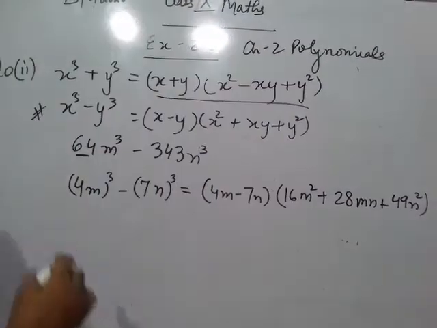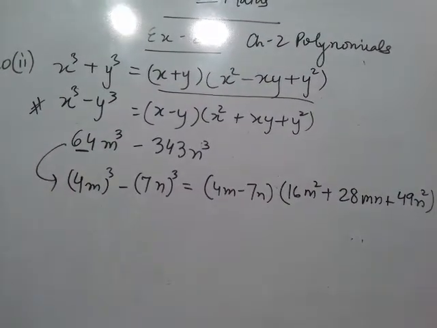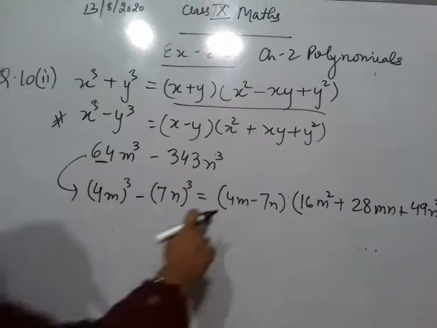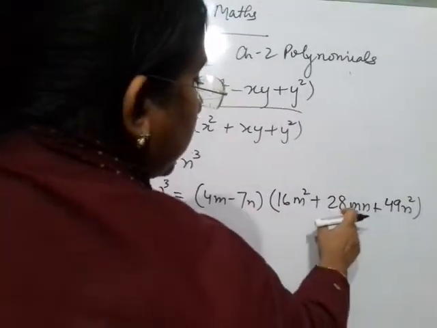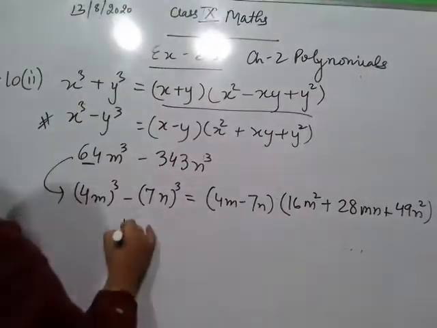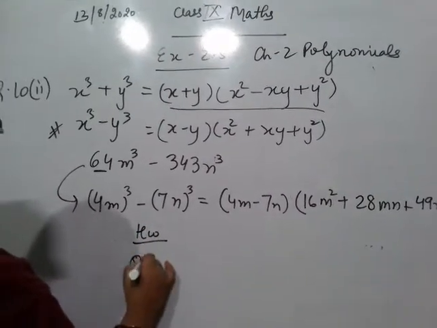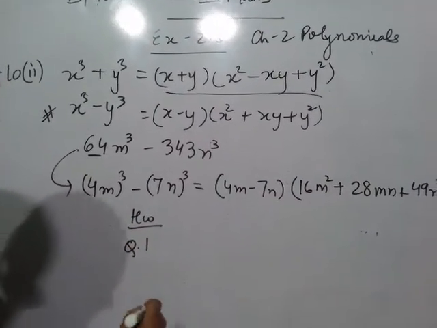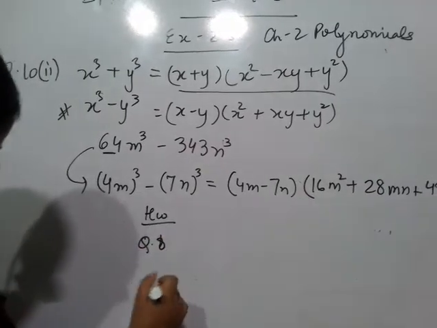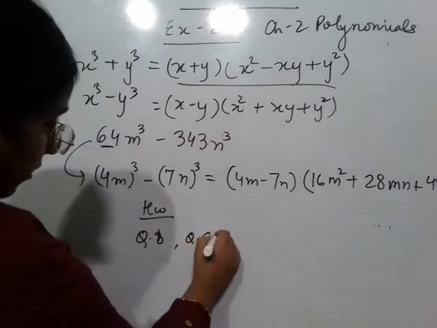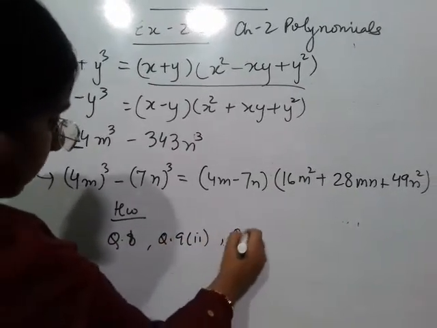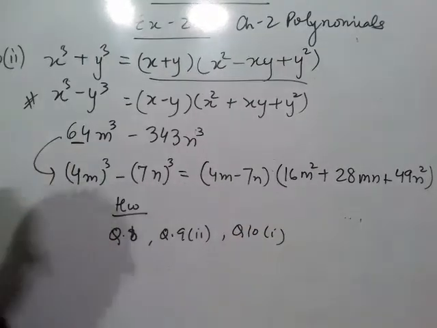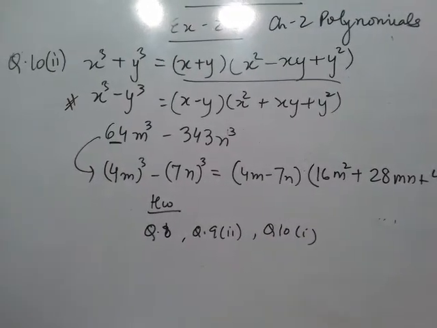So we have factorized the given expression into two terms: (4m minus 7n)(16m square plus 28mn plus 49n square). So homework is question number 8 rest parts, question number 9 second part, and question number 10 first part. So this is all for today. Thank you very much.